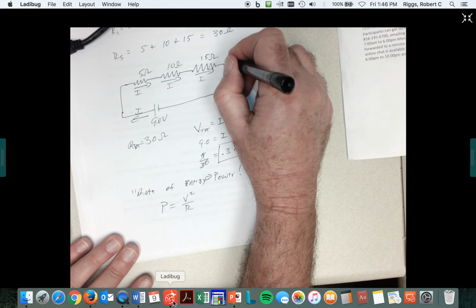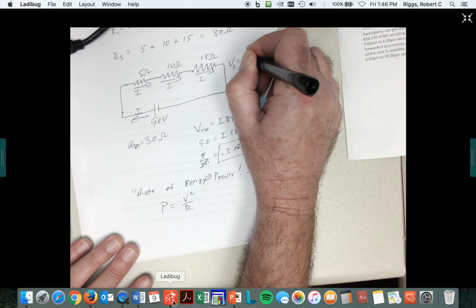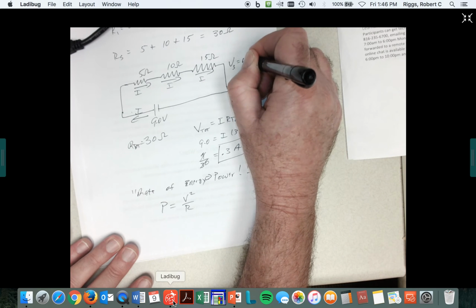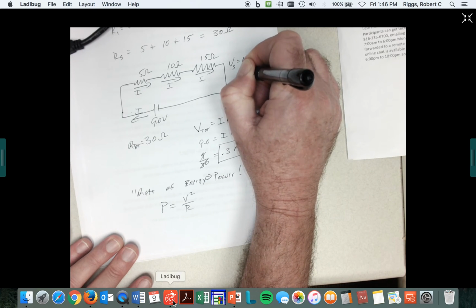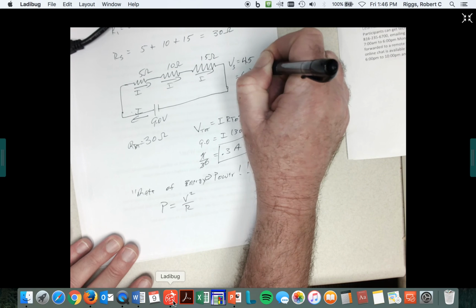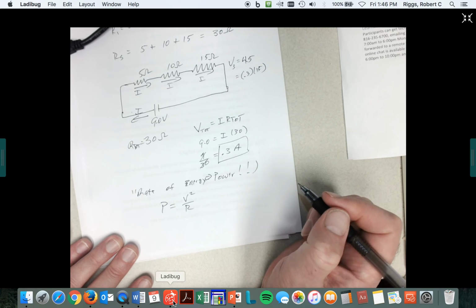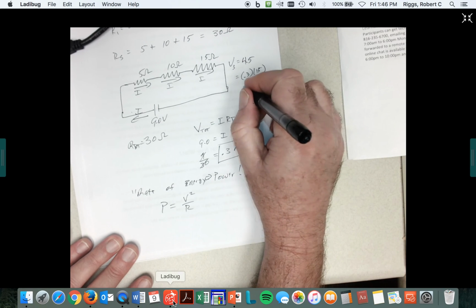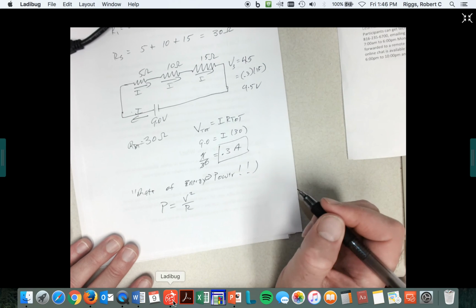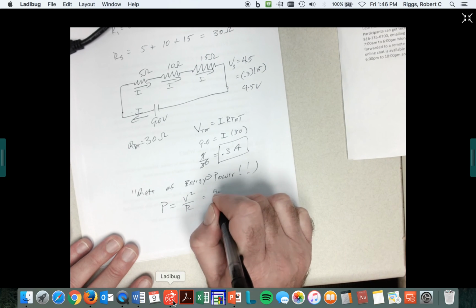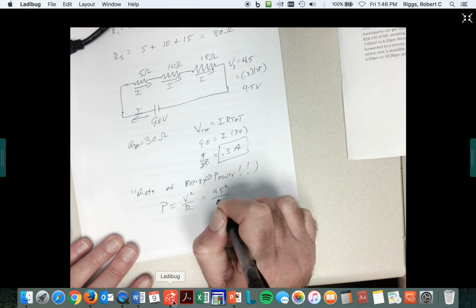So the voltage across here is 4.5 volts, because that equals I, which is 0.3, times 15.